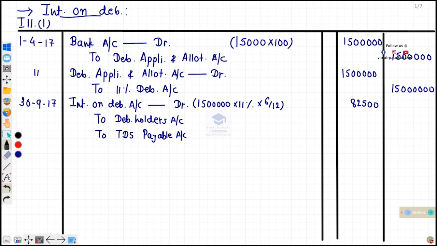The rate of tax is 20%. So out of this, 20% will be calculated as tax. That is 16,500. So 66,000 is the amount of interest that will be payable to the debenture holder. Okay.